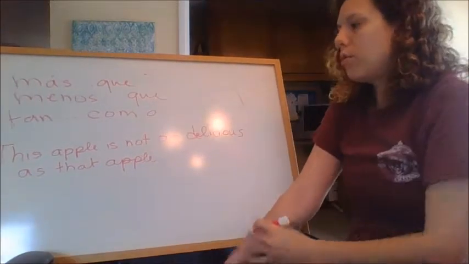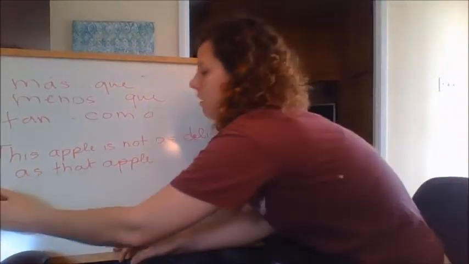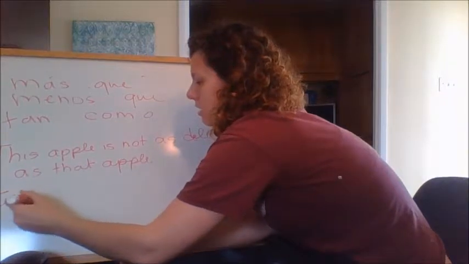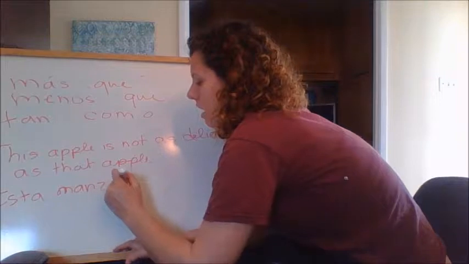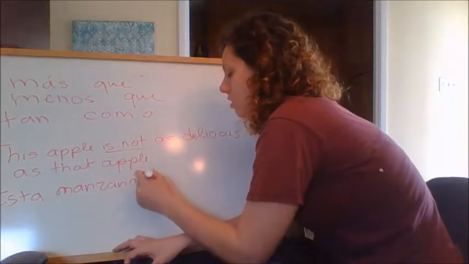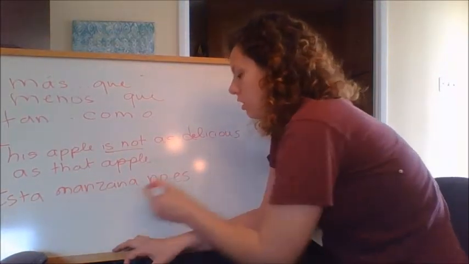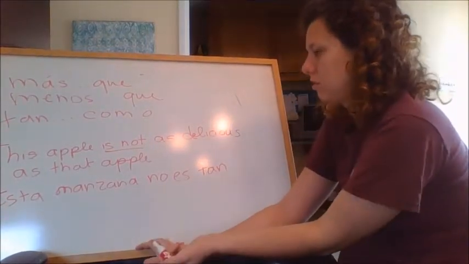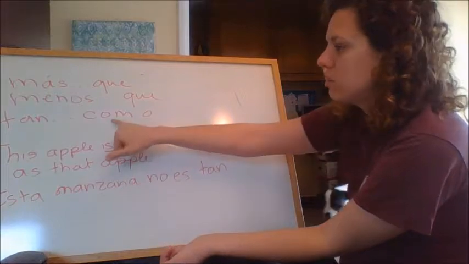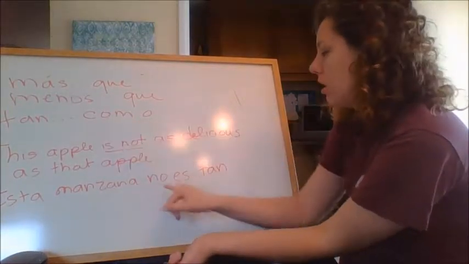Okay, so this once again has to be esta, because the word for apple is manzana. Es, no S, because this is singular, so this verb is singular. Tan, okay. As, remember this is as, so it's like equal to.